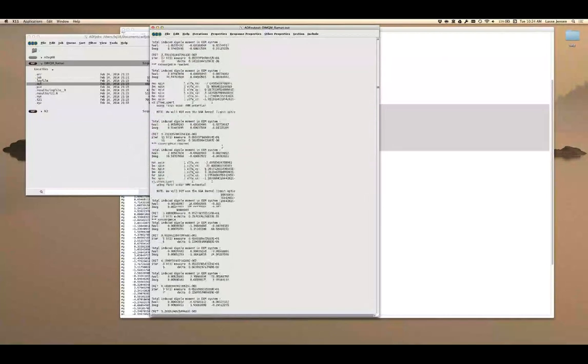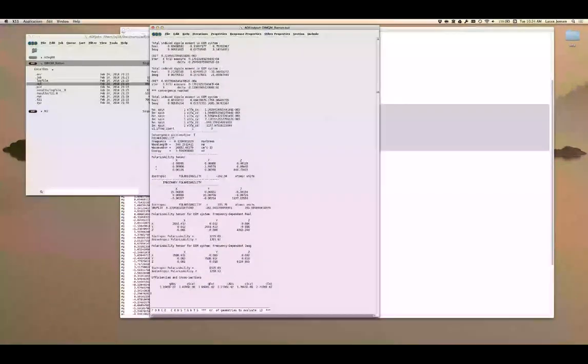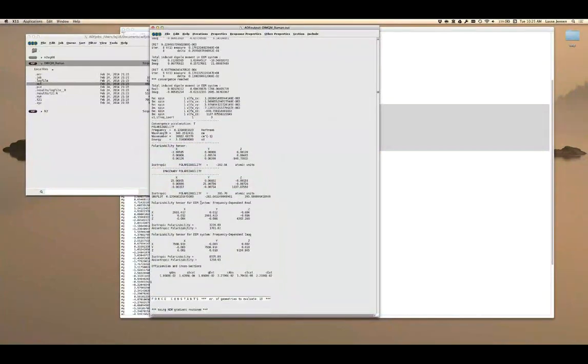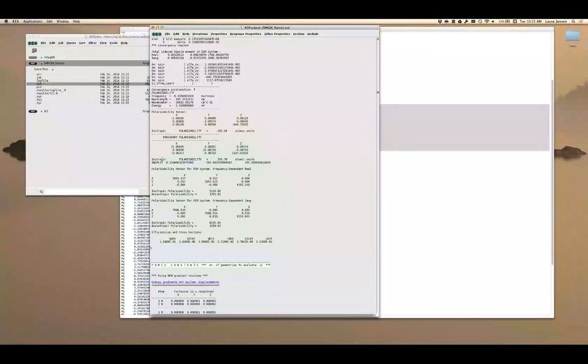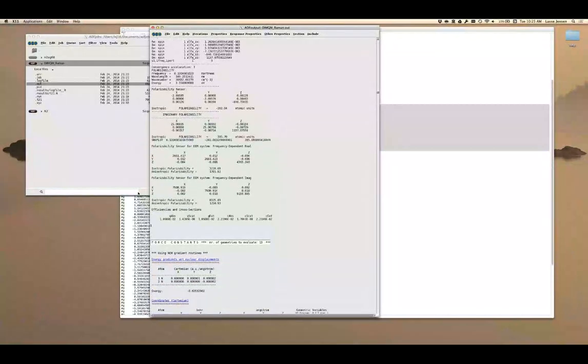If you scroll down to actually looking at the results, it's first going to print out the polarizability of the molecule on this metal nanoparticle. Both have a real component and an imaginary component, and it's also going to print out the polarizability of the metal nanoparticle, the DIM system here, with a real part and an imaginary part, and then it's going to give you the cross section of all this.